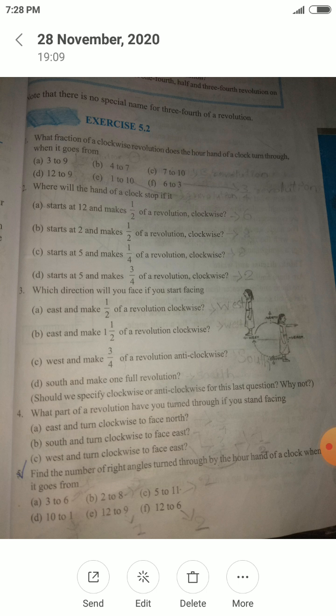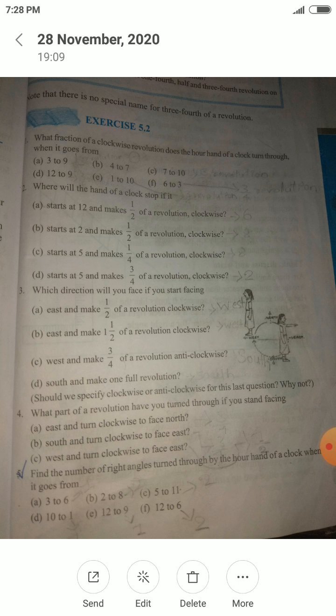C. From 10 and turns through 3 right angles, 3/4, so it stops on number 7.